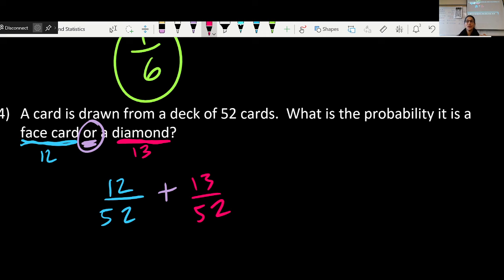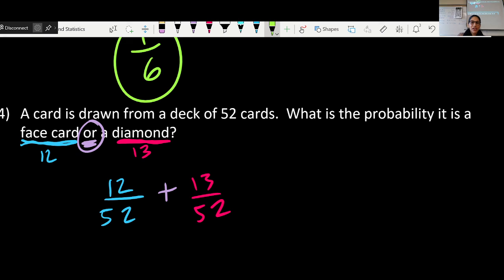Does that make sense so far? That's good because there's still some more. So we're good so far? This is what I mean by it gets a little bit complicated. We need to subtract out of this the possibilities that are face cards that are diamonds. Because do you see some of them can be both of these things? We could have diamonds that are face cards. How many of those could we have? 3.